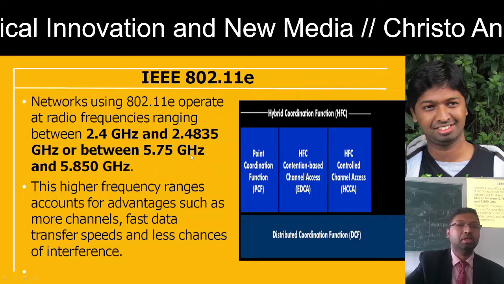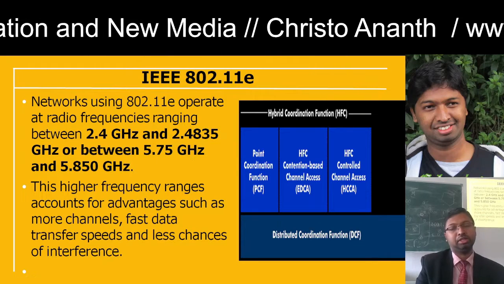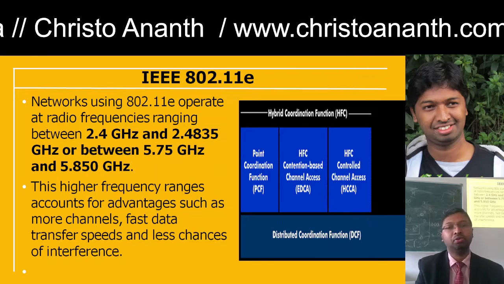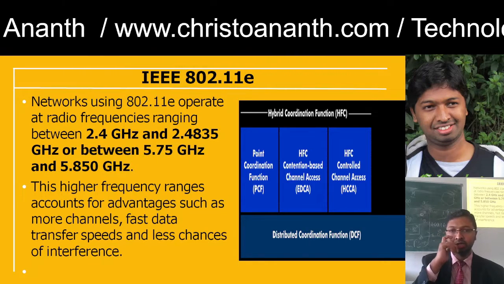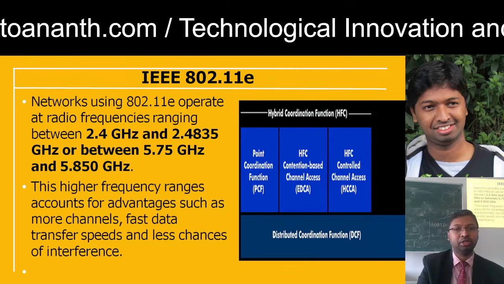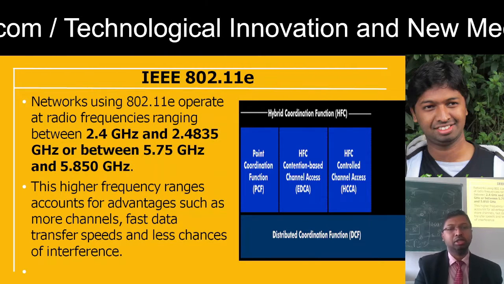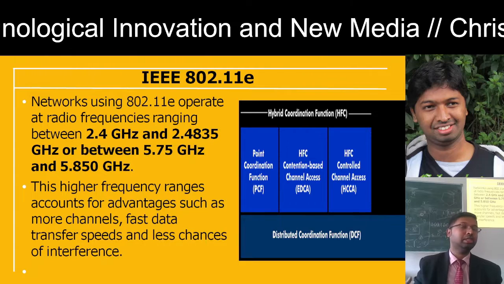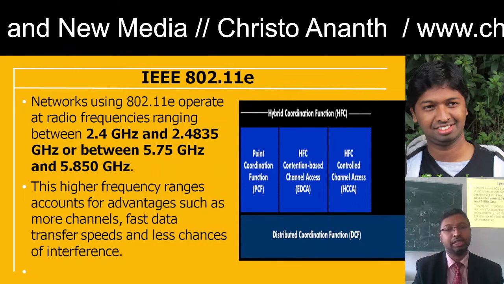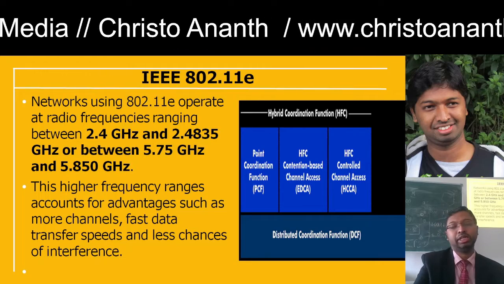The networks using 802.11e will be operating at frequencies between 2.4 and 2.4835 gigahertz, or at the higher limit up to 5.75 to 5.85 gigahertz, so the frequency can correspond to more channels as well. Also we have faster data transfer speeds and of course less interference problems.